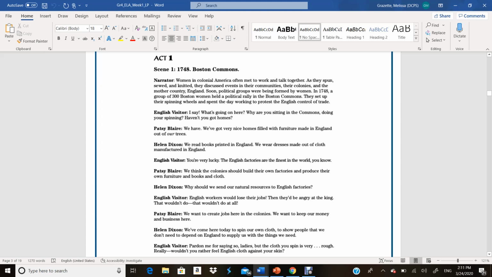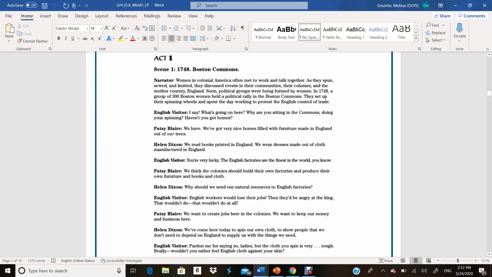English visitor. I say, what's going on here? Why are you sitting in the Commons doing your spinning? Haven't you got homes? Patsy Blair. We have. We've got very nice homes filled with furniture made in England out of our trees. Helen Dixon. We read books printed in England. We wear dresses made out of cloth manufactured in England. English visitor. You're very lucky.